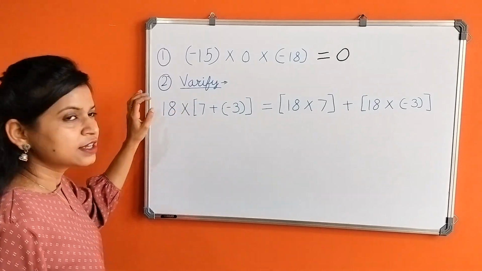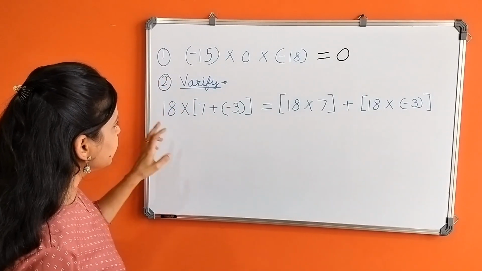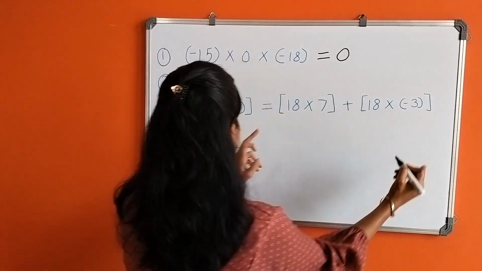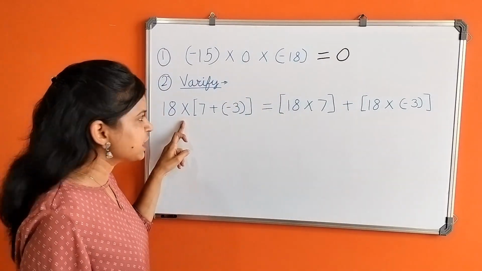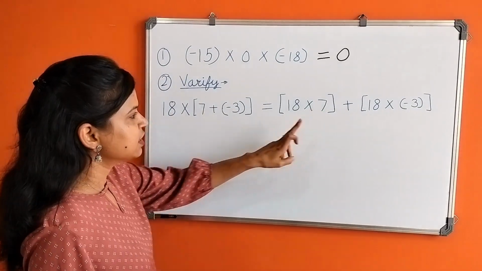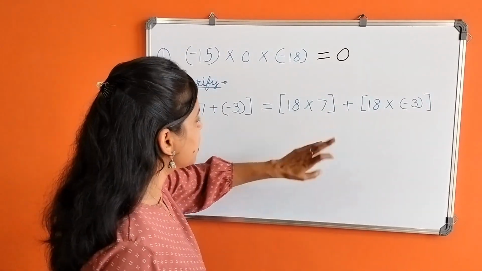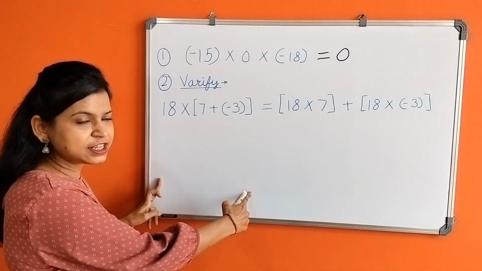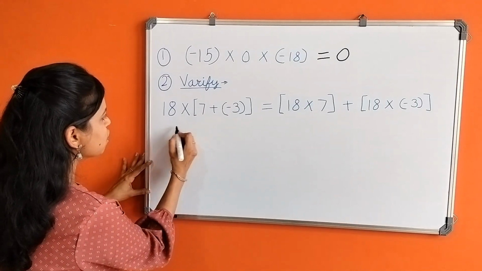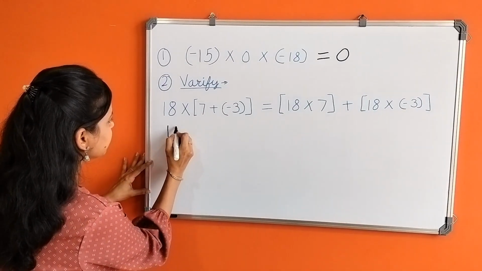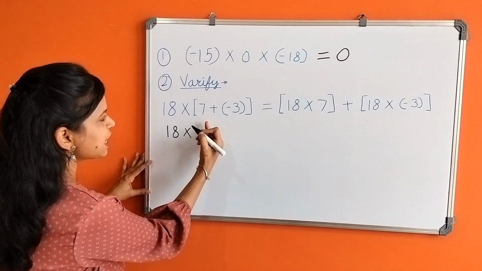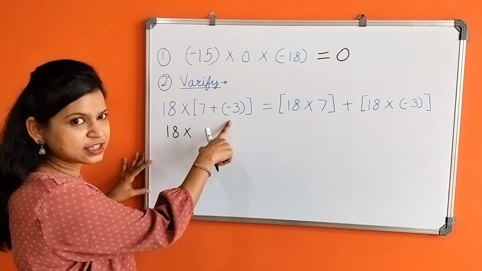Okay. Second is verify that this part is equal to this part. This is the left hand side part, LHS. This is the right hand side part, RHS. First we will solve the left hand side part. How will we solve? 18 into 7 plus minus 3.